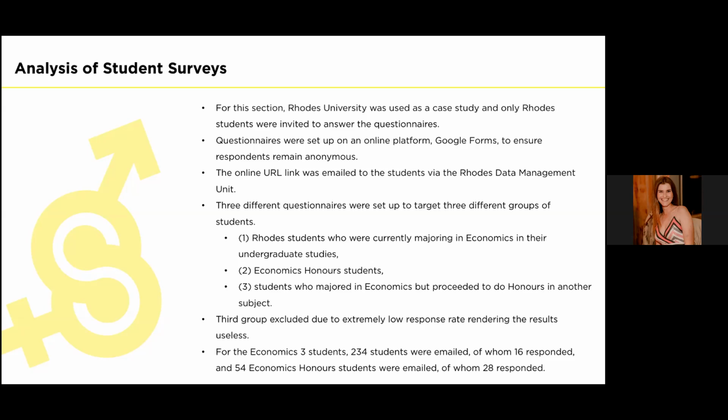As I've explained, there were 3 groups which were supposed to be analyzed, but the third group had to be excluded because only 2 people responded. One of the major limitations in this section was the low response rate. Besides having to exclude the third group, I received only 16 responses from the Economics 3 surveys and 28 from the Economics Honours surveys.